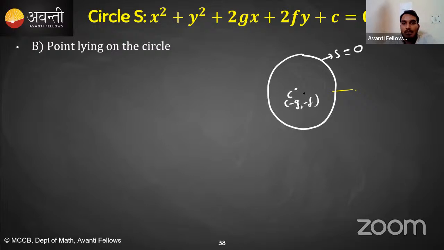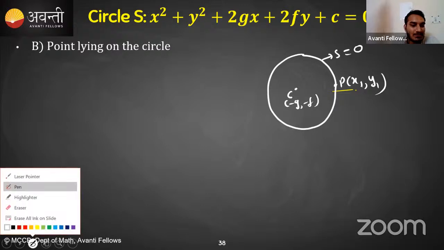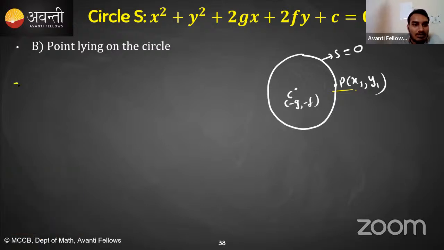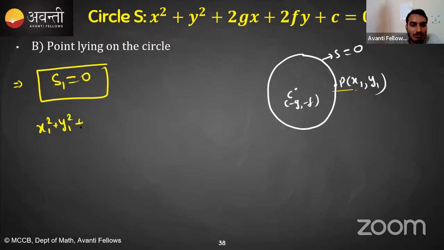If the point P, which is x1 comma y1, is lying on the circle, it is very obvious that it will satisfy the equation of the circle, right? So it implies S1 is equal to 0, that is x1 square plus y1 square plus 2gx1 plus 2fy1 plus c is equal to 0.